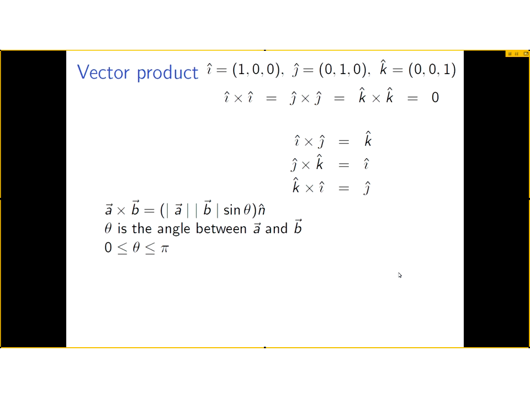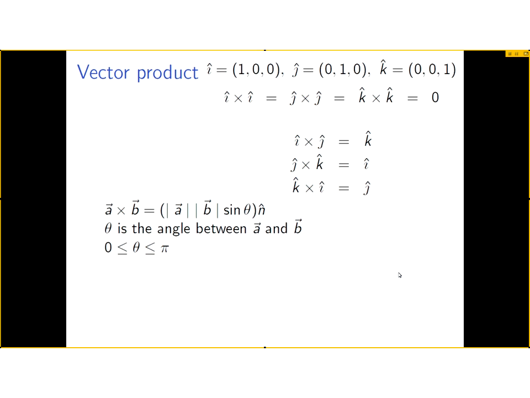For your convenience and understanding, you have to draw a circle, and with the help of the circle you will see. I cannot draw a circle over here, but you can see one in your book. With the help of the circle, you can understand i cross j is equal to k, j cross k is equal to i, k cross i is equal to j.